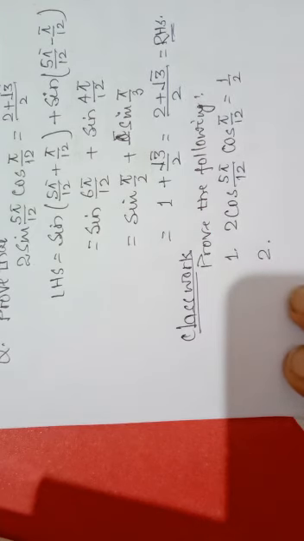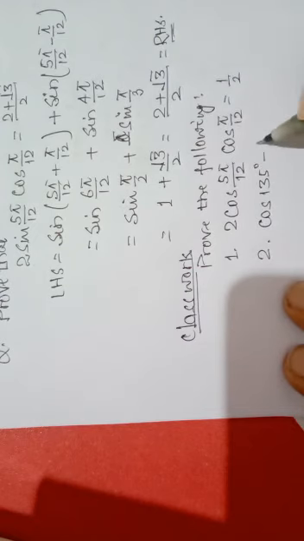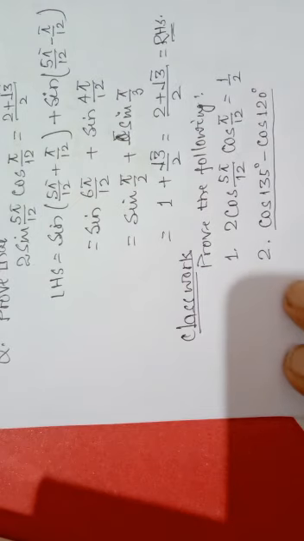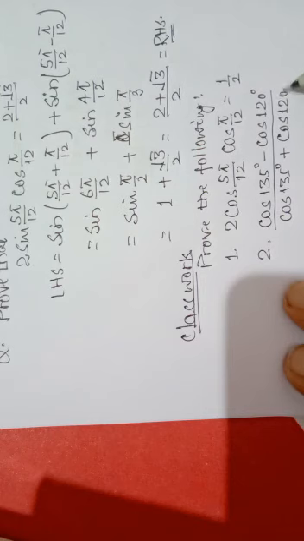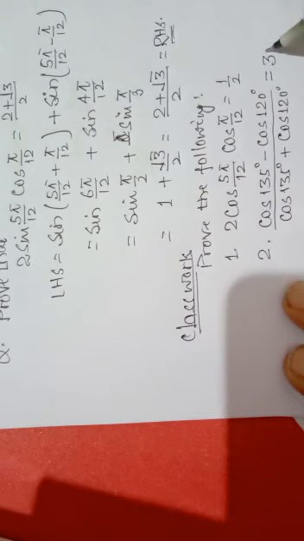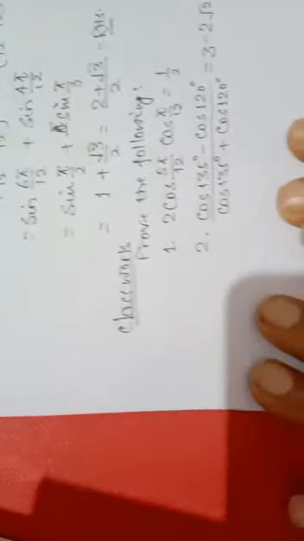Second, cos 135 degree minus cos 120 degree, divided by cos 135 degree plus cos 120 degree, is equal to 3 minus 2√2.